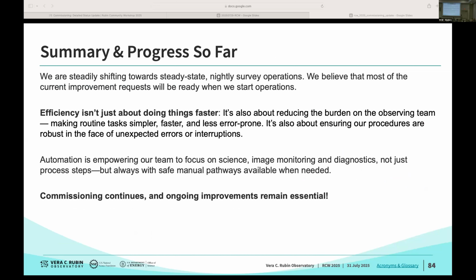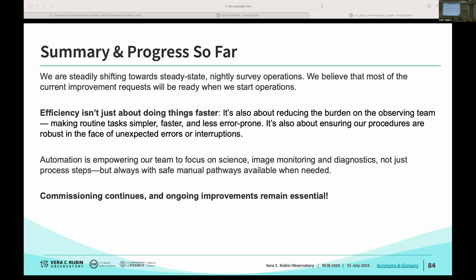It's also about reducing the burden on the observing team and making sure that they can spend time not repeating tasks, but monitoring the system, checking the image quality, and things that make sense.